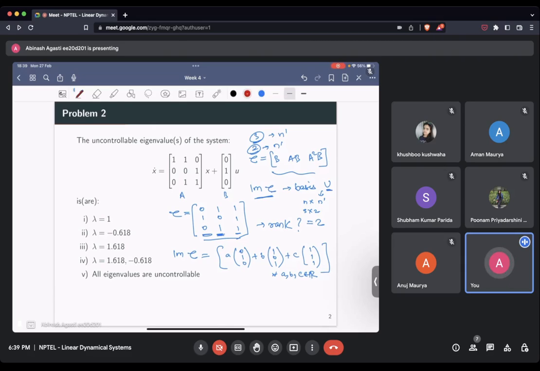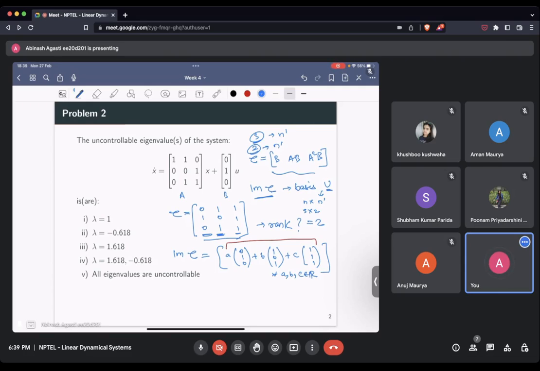What rank 2 means is, you know that the rank of a matrix can be its row rank or column rank, both have to be the same. Let's take column rank. It means there are only two linearly independent columns and the third one must be dependent on the other two.